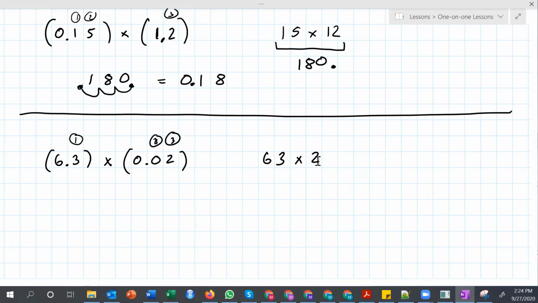So 0.126. Okay, so this becomes 126. Put the decimal at the end, and then there's 3 positions, so you move that over, and you get 0.126. All right. Great.